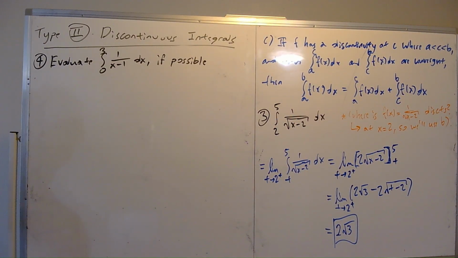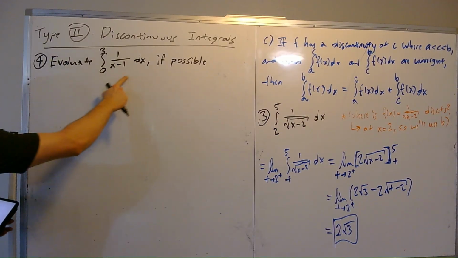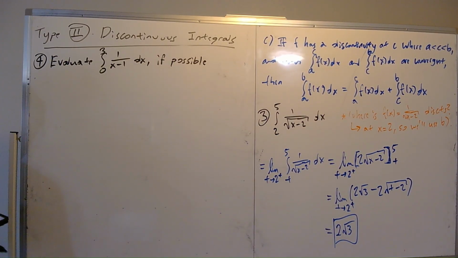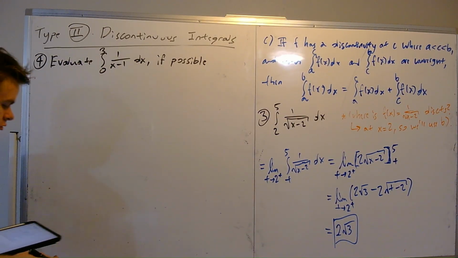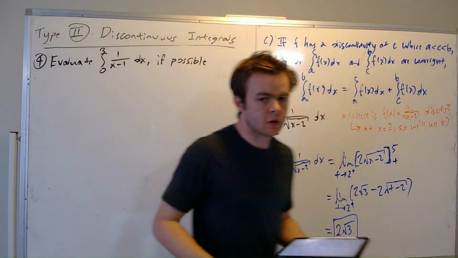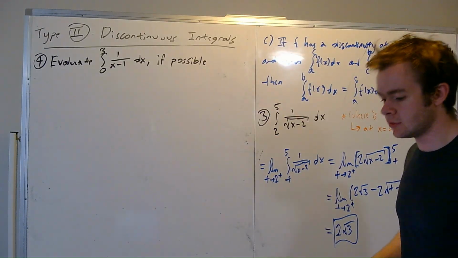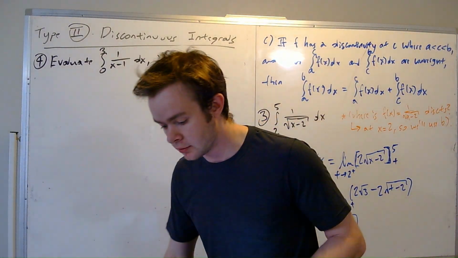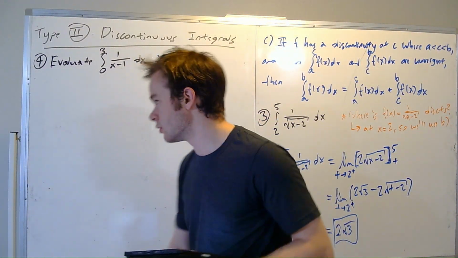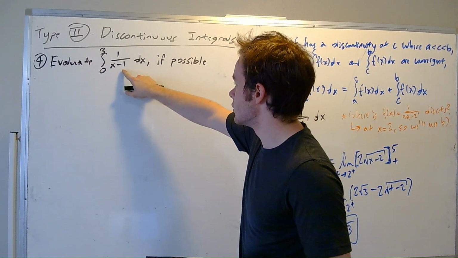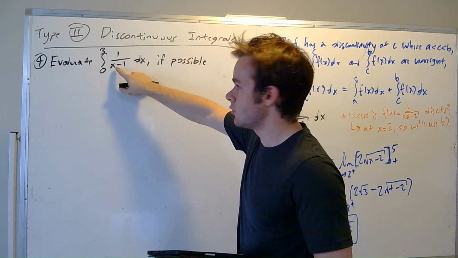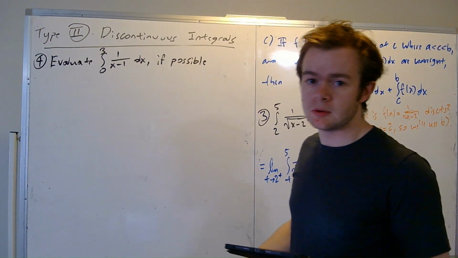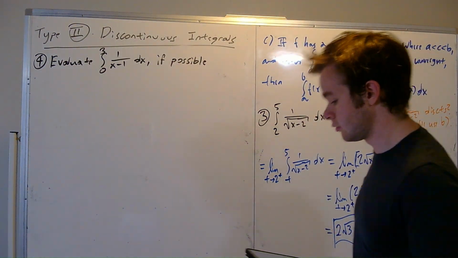Alright, so our fourth example is evaluate this integral if possible. The first thing to look for is whether there are any discontinuities inside of this interval for this function. If you tried plugging in 1, you're going to be dividing by 0, so it's discontinuous there.